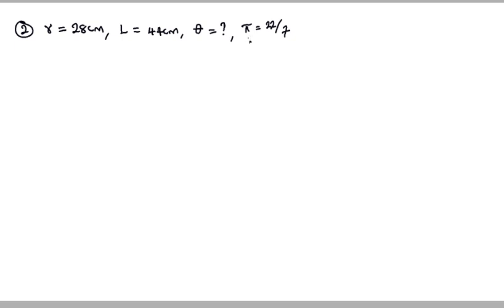Clearly enough, this question is talking about length of an arc, because radius is there, and we just heard length of an arc. So do yourself good by applying the formula for length of an arc, which states that length of arc L is equal to theta over 360 times 2 pi r.